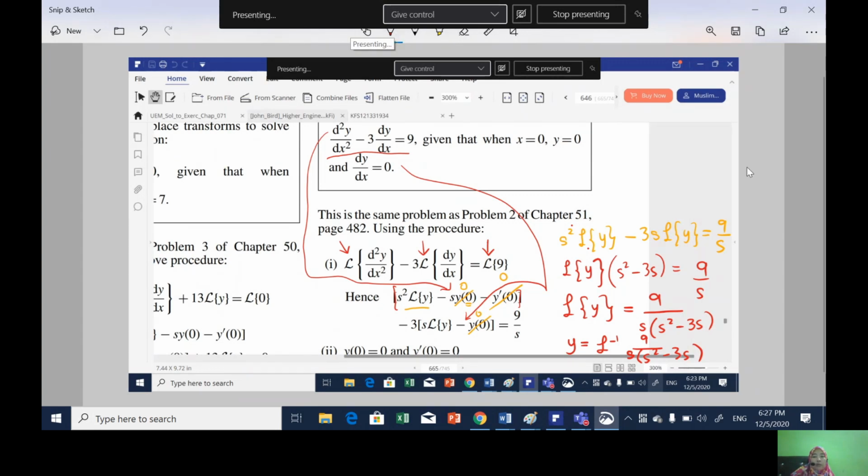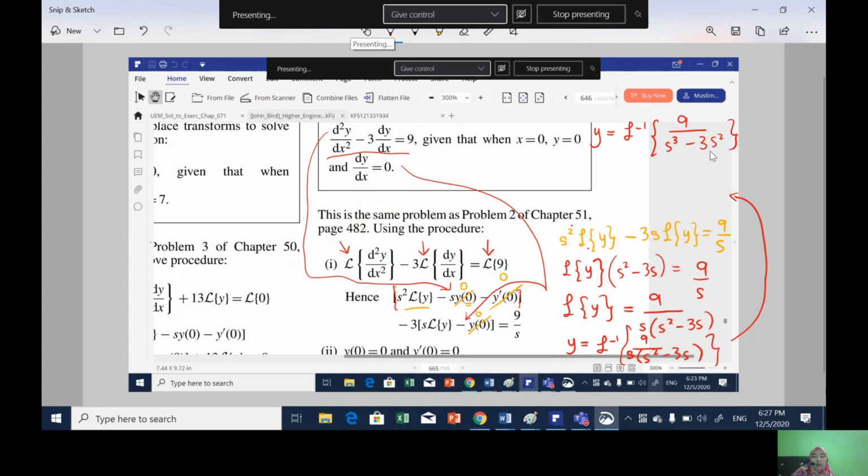Now look at the one on the right hand side. I'm going to continue writing down here. We can write y equal to 9 over s cubed minus 3s squared, correct?